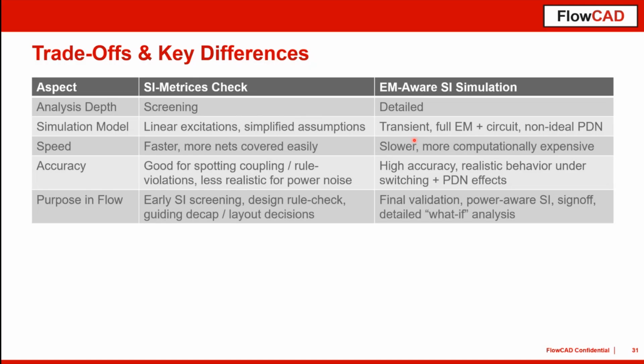In this table, I've shown you an overview of both workflows. The SI matrices are suitable for quickly checking the signal characteristics and can simultaneously capture a large number of signals, whereas the EM-aware analysis takes into account more in-depth real-world PCB effects, which of course results in more intensive simulation time.